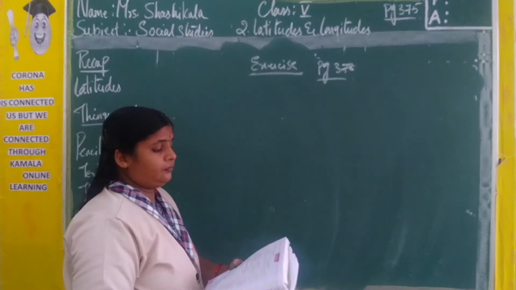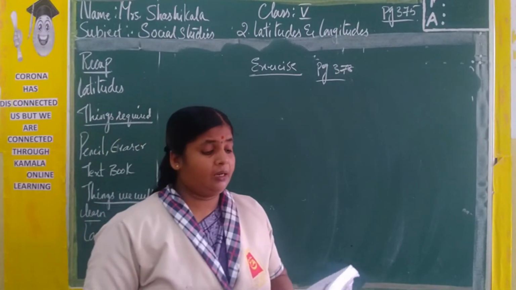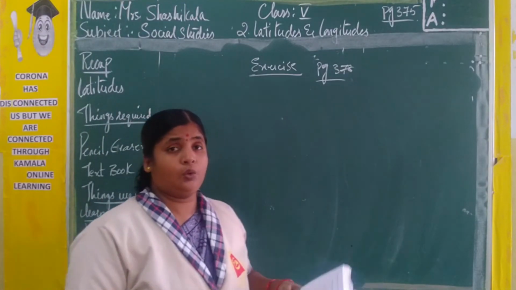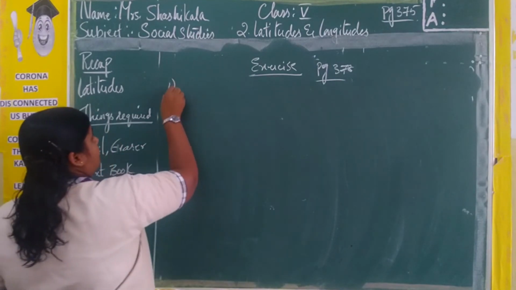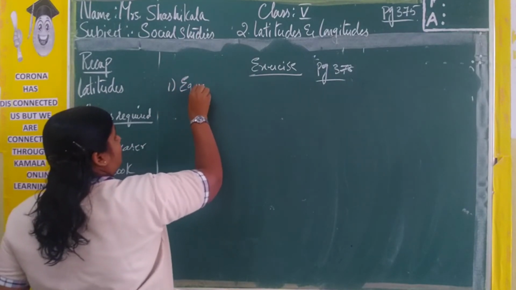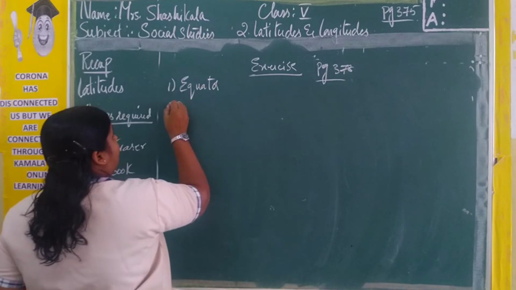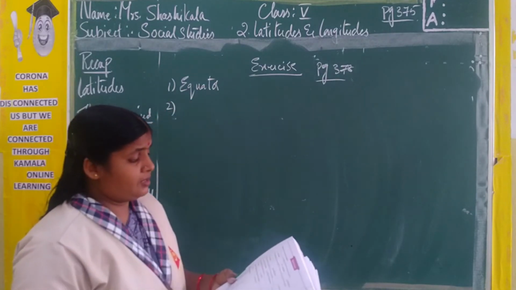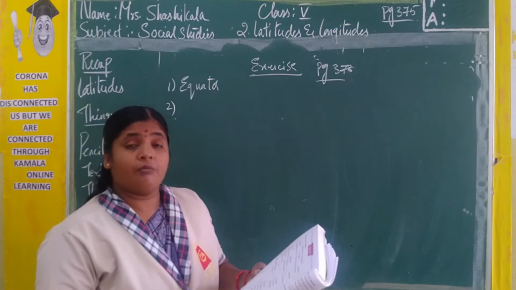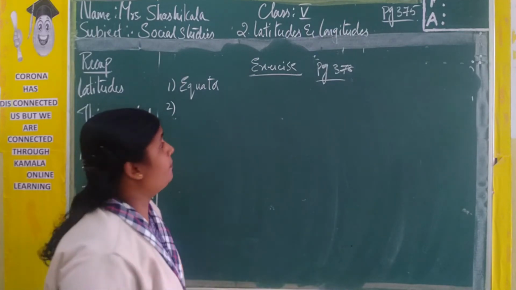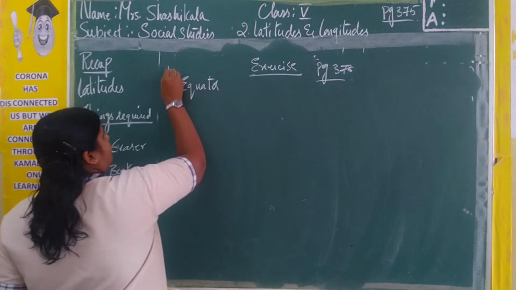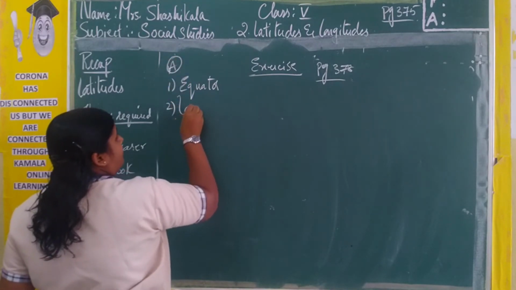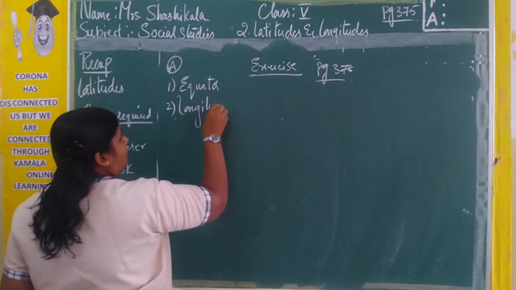Page 378. First bit, choose the correct answer. A dash divides the earth into two equal halves. What's the first answer here? Equator. Equator divides the north and south equally into two halves. The imaginary lines that run from north to south are called longitudes.